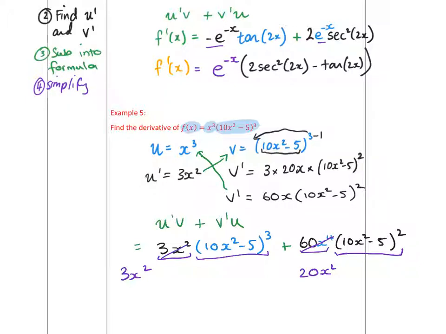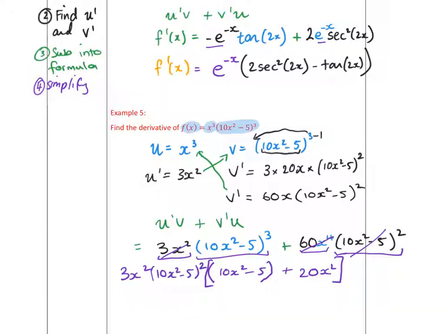And if we take out 10x squared minus 5 squared, well, 10x squared minus 5 cubed divided by 10x squared minus 5 squared leaves a bracket of 10x squared minus 5. And if we take it out of here, they just cancel, and so we just get that plus.